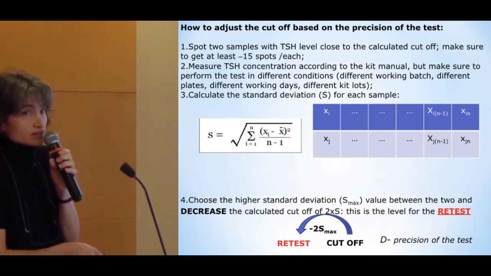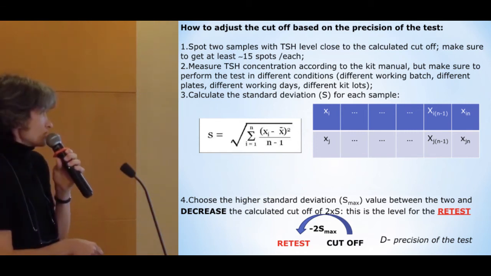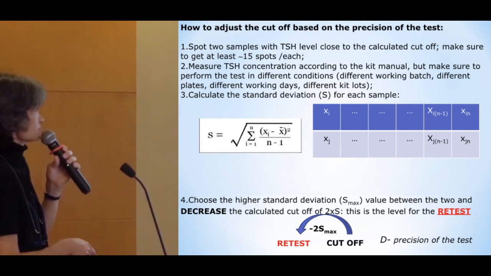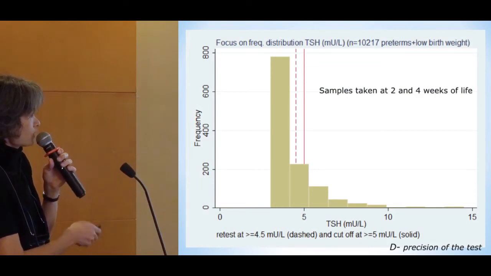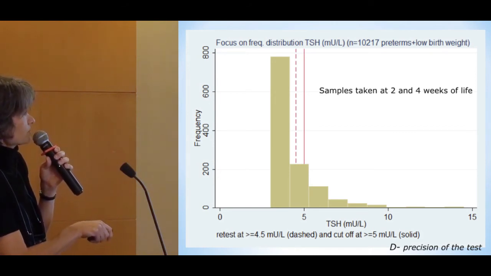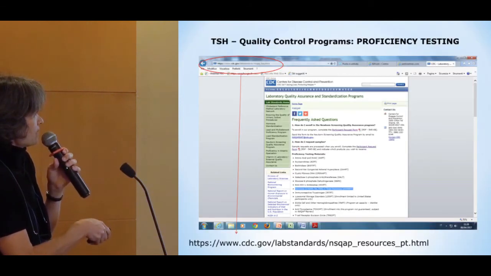Again, double the maximum standard deviation has to be subtracted from the cutoff in order to find your retest. This is a focus on distribution around the cutoff and the retest for those little babies. We have 10,000 preterm, but you'll find something very similar, I guess. Okay.